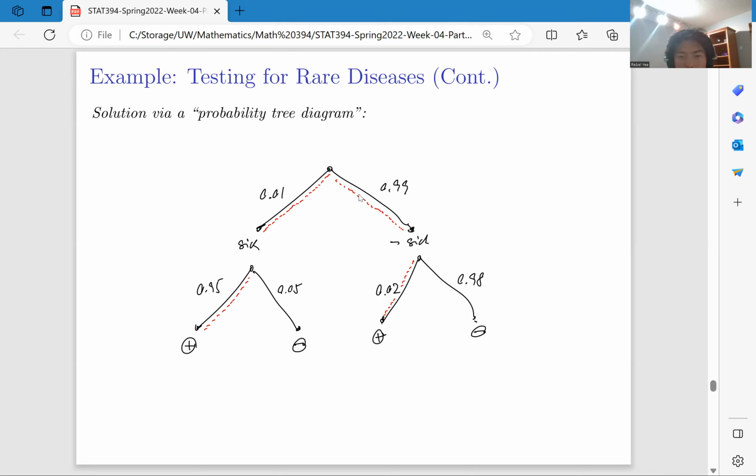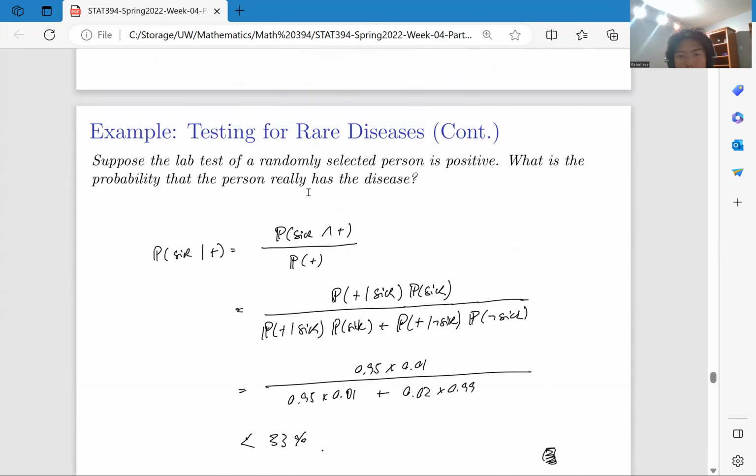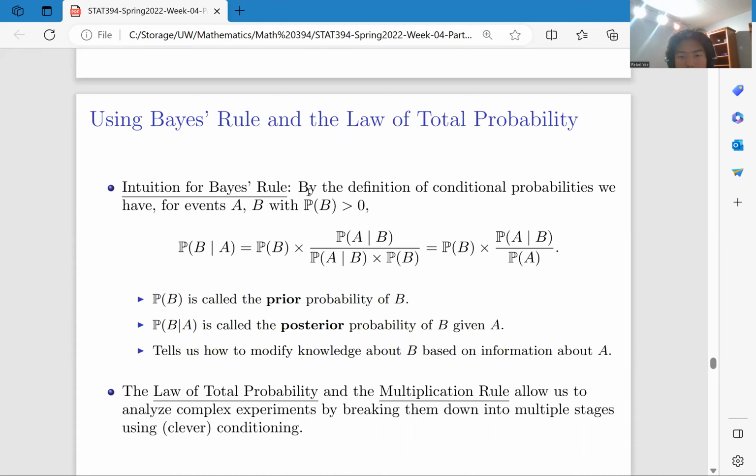In this condition, we want to find, given a person is positive, whether he is sick. We just sum these two branches, 0.01 times 0.95, and this branch, 0.99 times 0.02, as our denominator and use this term as our numerator, which is very easy to understand compared to the formula above.